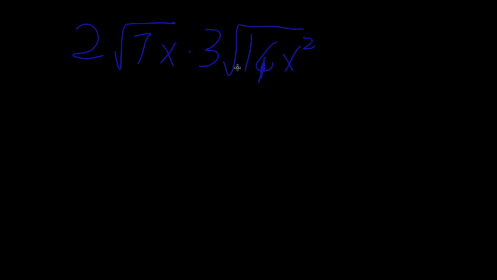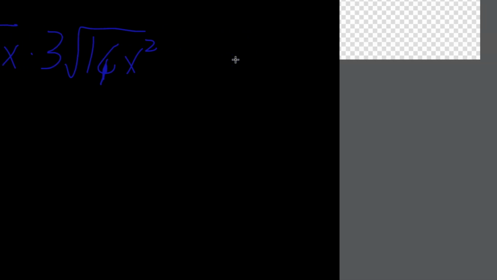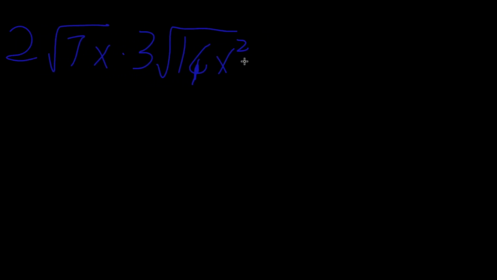So what you do first, and I hope you've tried it, you can pause the video now. Okay, so what you do first is group all the like terms together.